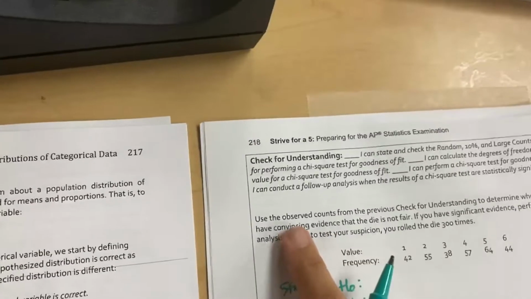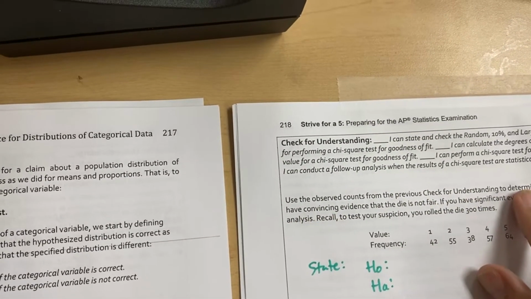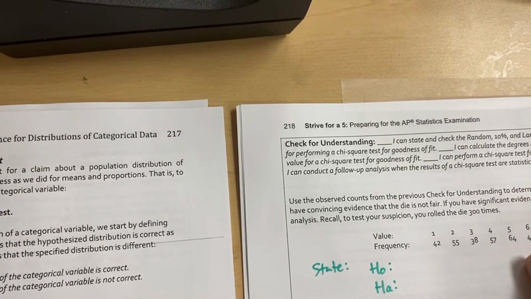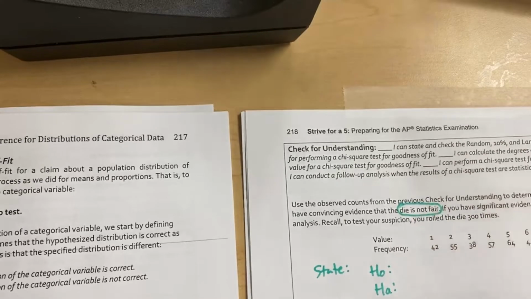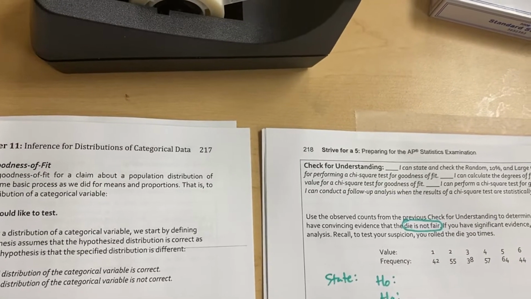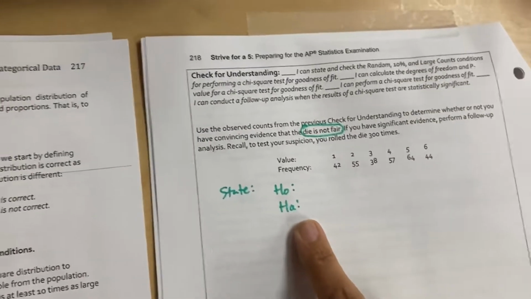So my question says, these observed counts were determined, use the observed counts to determine whether or not you have convincing evidence that the die is not fair. So you want to be able to say that the die is not fair. That must be your alternate hypothesis.